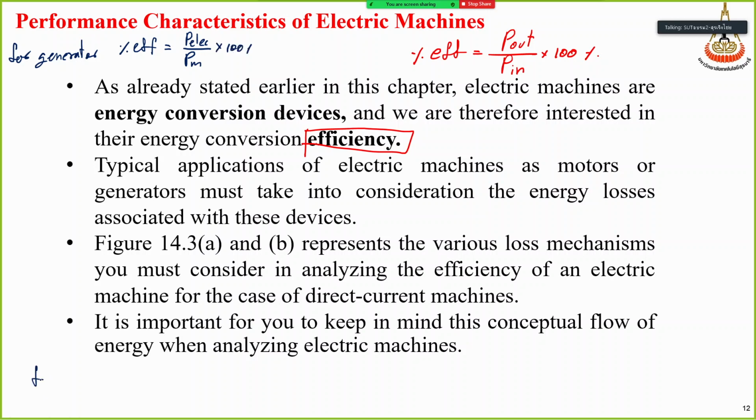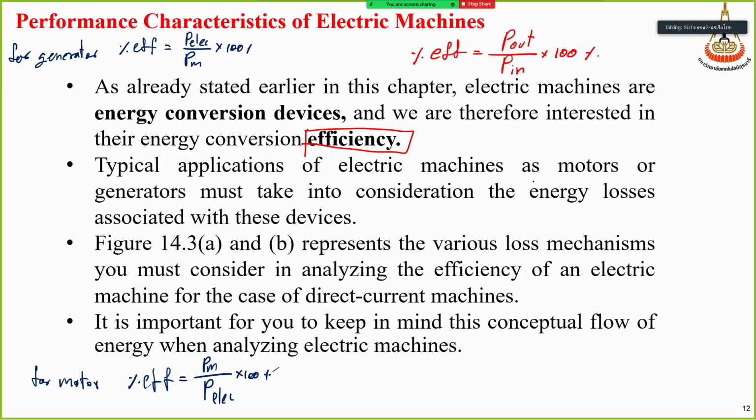But if the equipment is a motor, the power output is mechanical power and the power input is electric. We supply electric and we get mechanical. That is the efficiency.